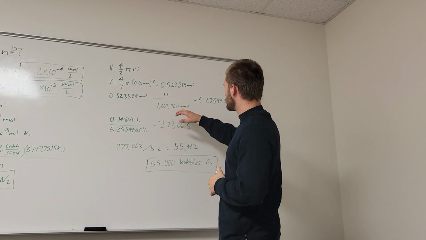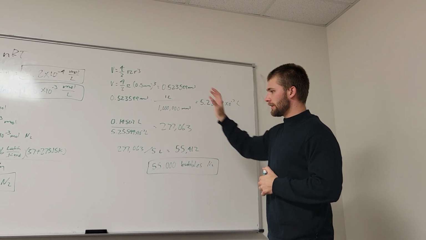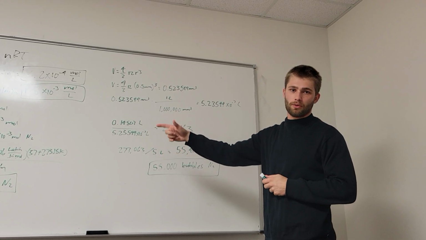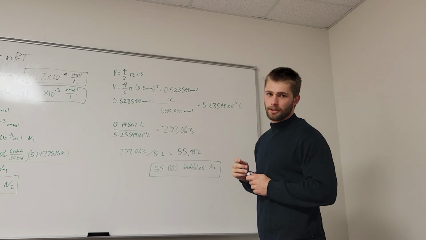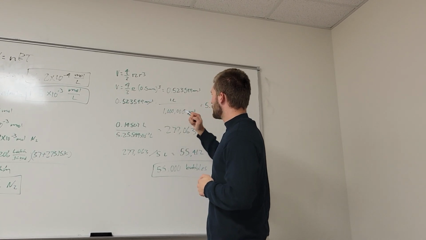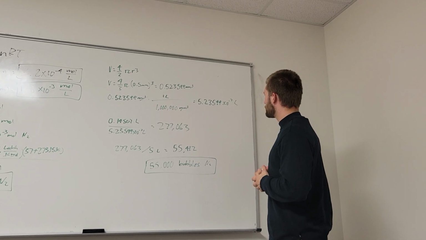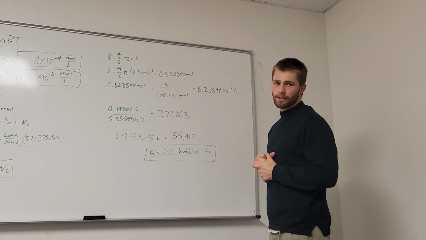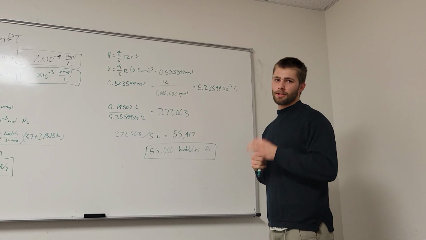To solve, we need to get that into liters so that we can use the value we got for the total volume. There are 1 million cubic millimeters in a liter. So doing the unit conversion, we divide by 1 million, giving us 5.23599 times 10 to the minus 7 liters of nitrogen in each bubble.